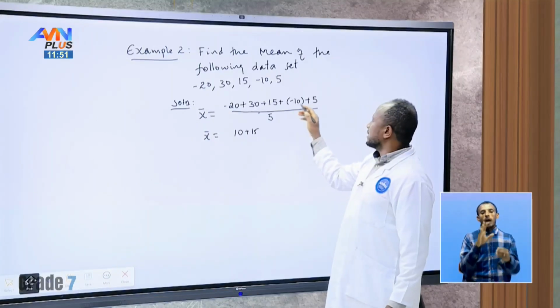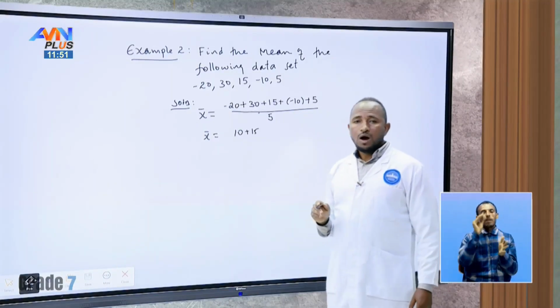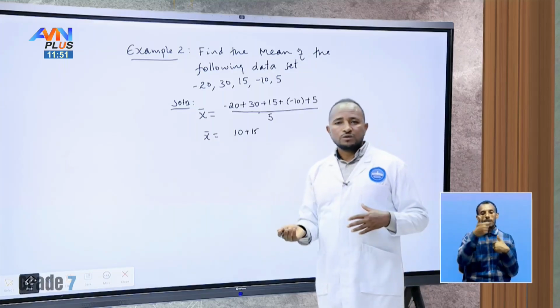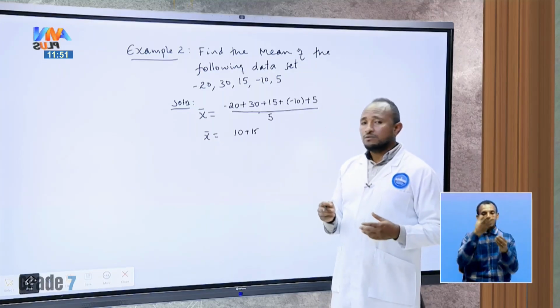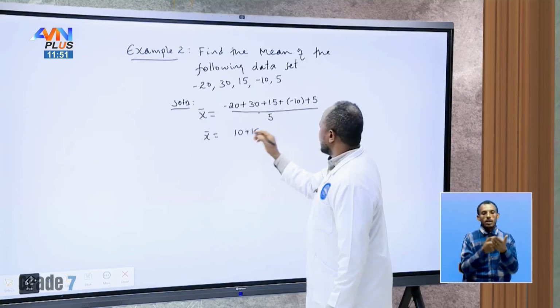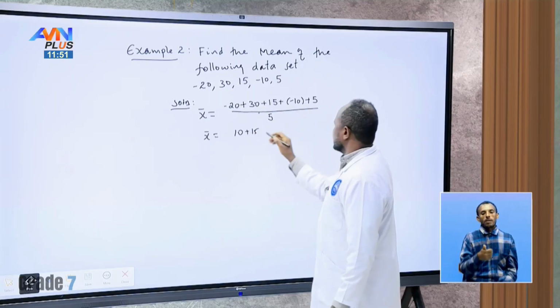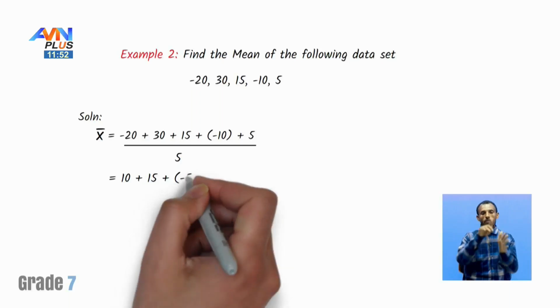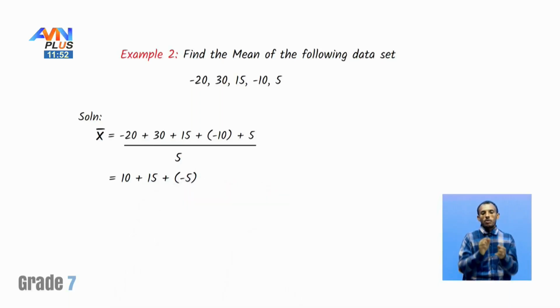Let's add these two again, negative 10, 5. Here you have 10 negatives and 5 positives, so the sum will be 5 negatives. Therefore, the sum of these two is 10, this is 15, sum of these two it is negative 5. So let's divide this by 5.